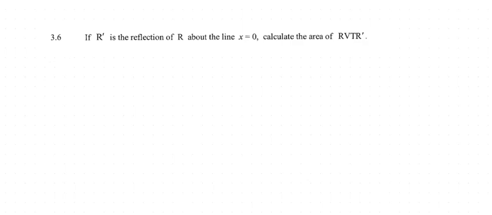First we need the coordinates of R prime, which is the reflection of R about the line x equals 0.